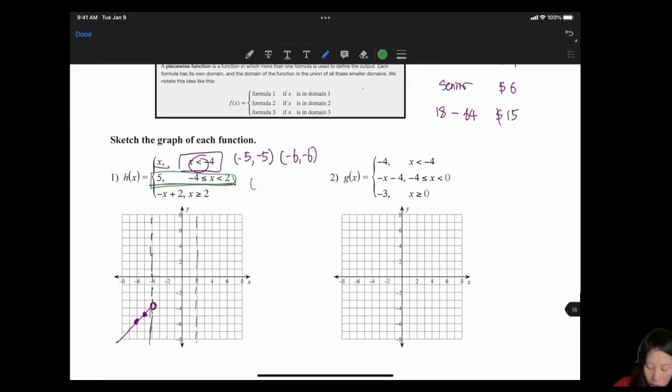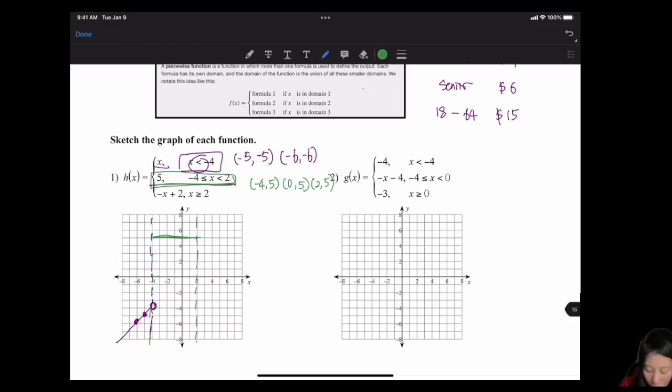That means when x equals -4, y equals 5. When x equals 0, which is between -4 and +2, f of x equals 5. Even when x equals 2, y equals 5. So this is going to be what? A horizontal line. So it would be here.